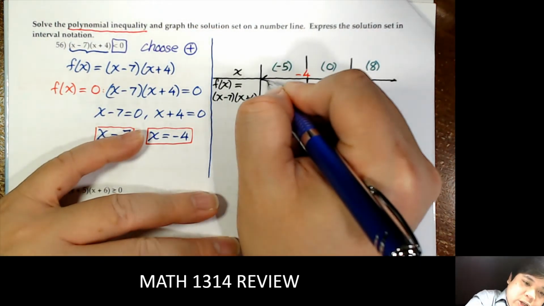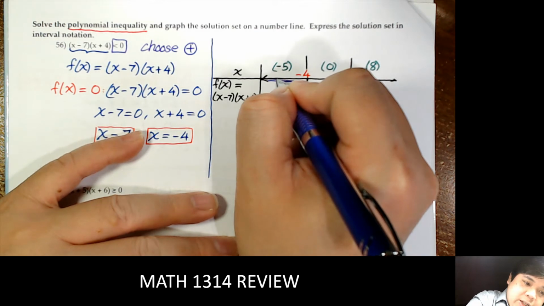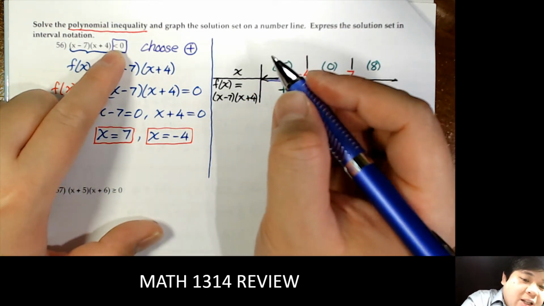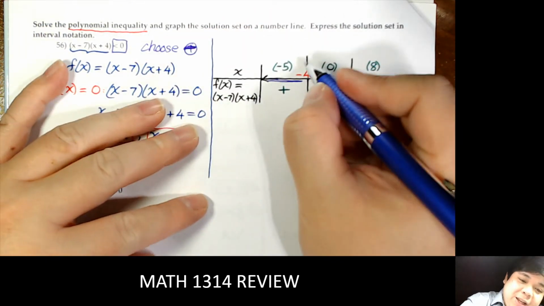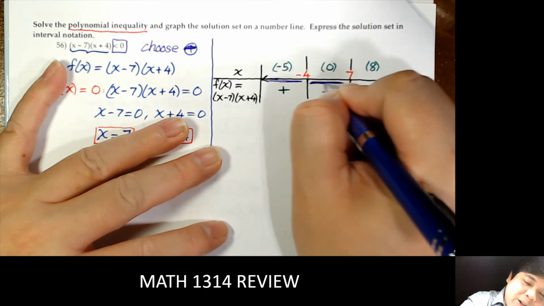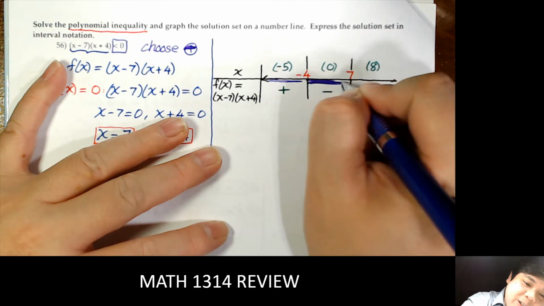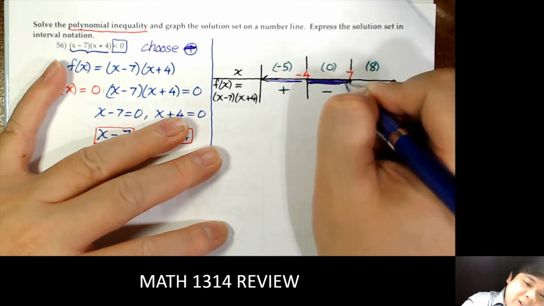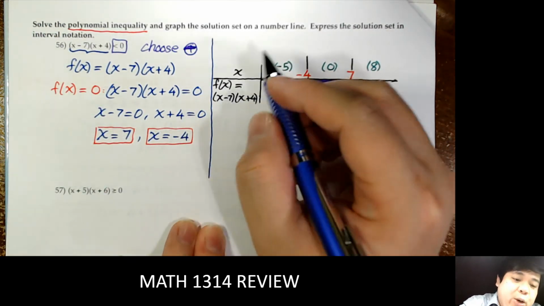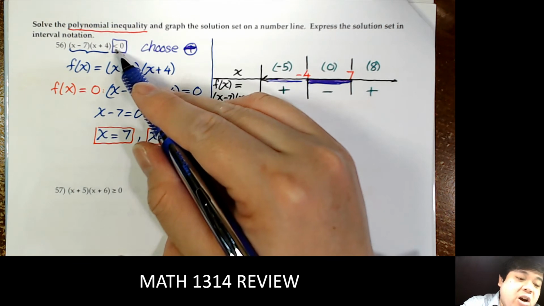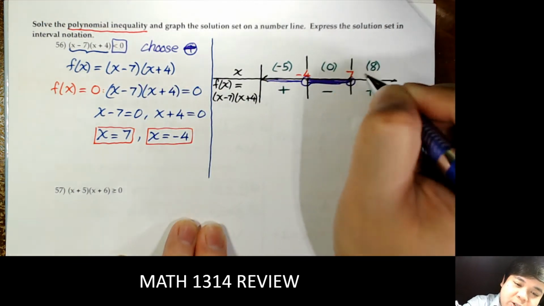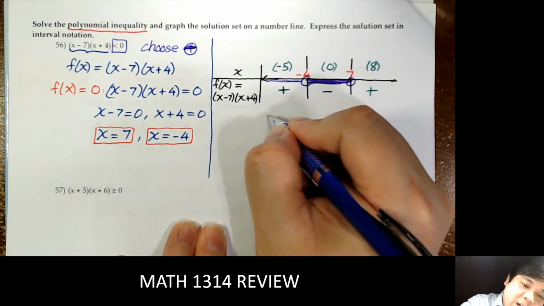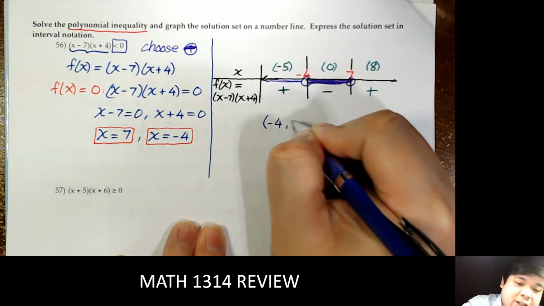Right. So positive we see is here. I'm sorry, that is less than 0, so it's negative. So negative is going to be in the middle here, and we do not choose 0 because this does not have the equal sign, so we're not choosing the 0. So the answer is we go from negative 4 to 7.